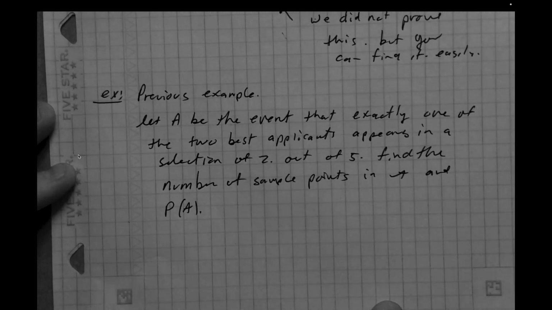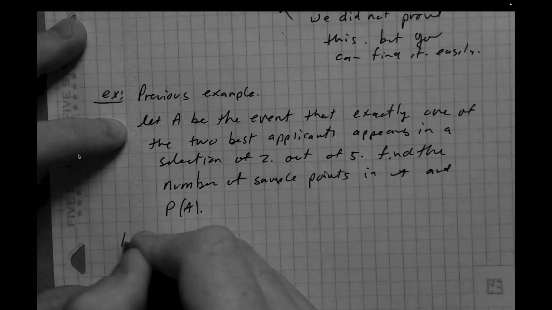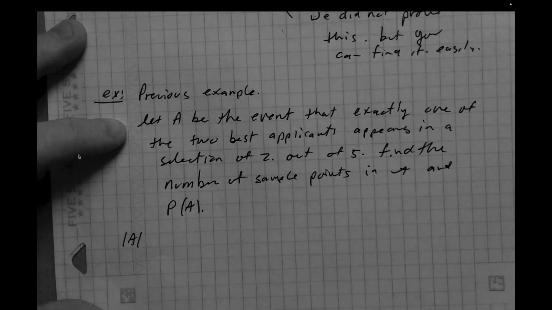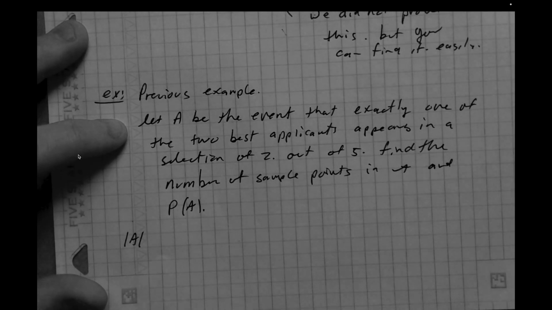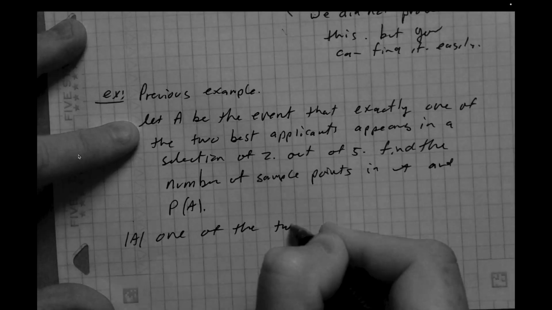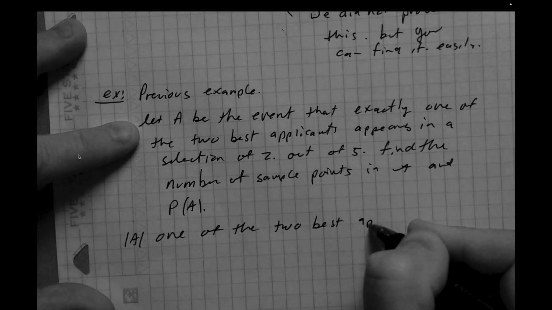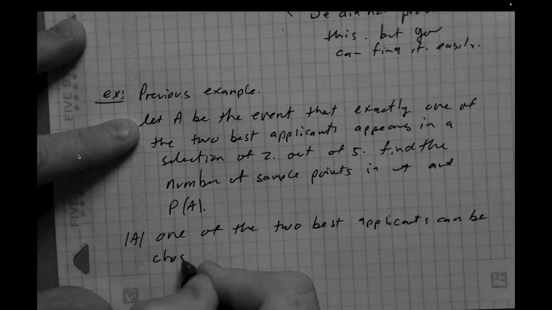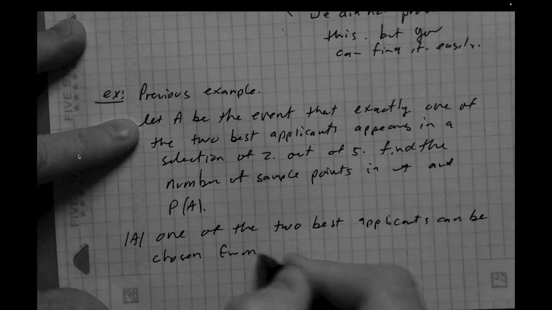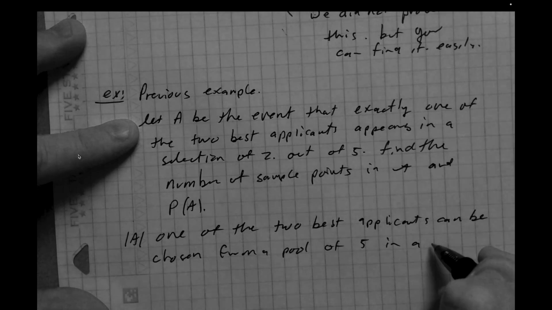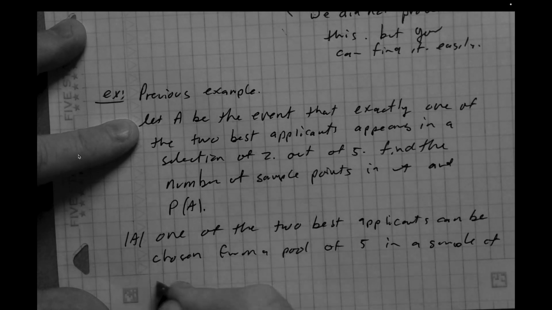Okay, so let's say that A, this is the size of A, this is the number of sample points in A. This is the number of ways one of the 2 best applicants can be chosen from a pool of 5 in a sample of 2.